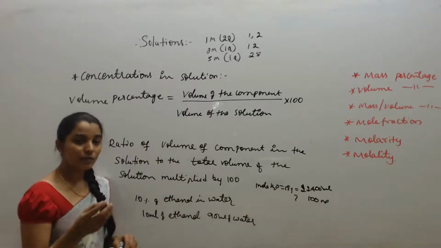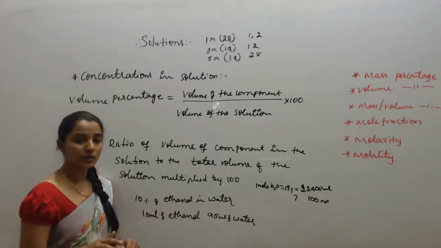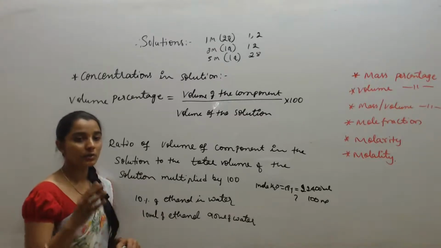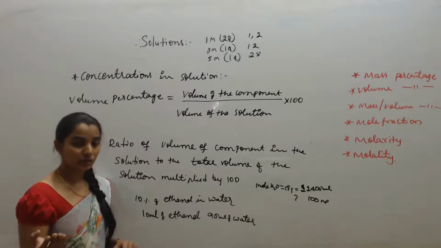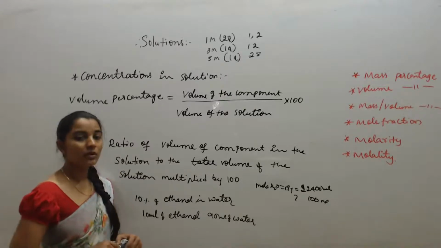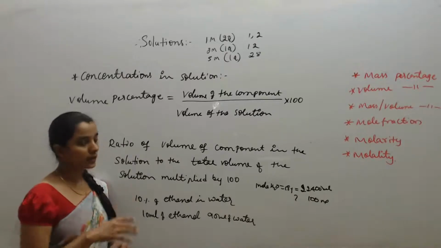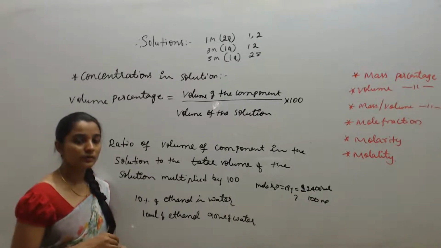But basically, if you want to add water or a liquid, we consider them in ml, like 10 ml, 20 ml, 100 ml, liter. Solid substances are never taken in volumes.